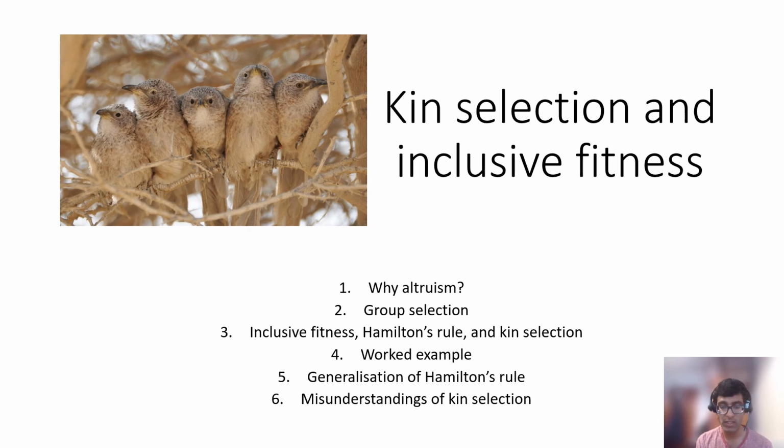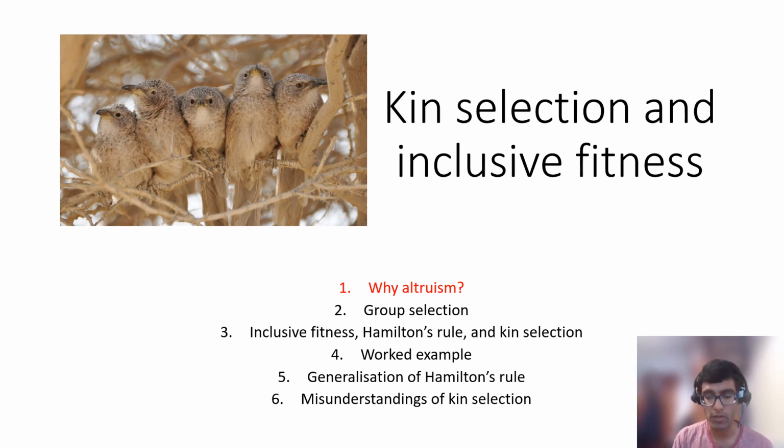Fourth, a worked example to illustrate Hamilton's rule. 5, a generalization of Hamilton's rule. And 6, one section that I very rarely see in lectures on kin selection, and I think it's very useful, is to talk about a misunderstanding of kin selection, which has certainly helped me to understand it in the past.